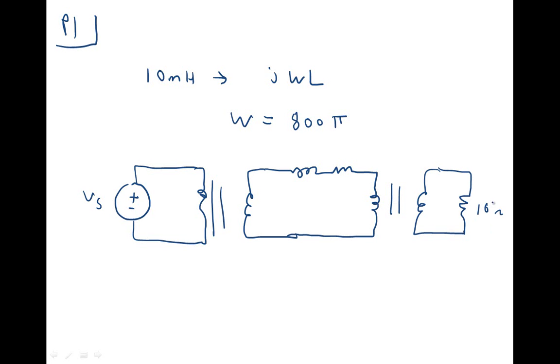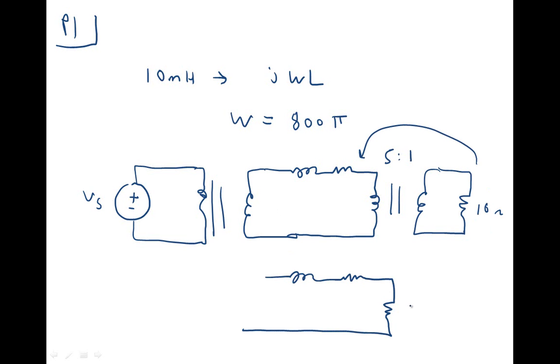You want to take this 10 ohm resistor, reflect it across here using the turns ratio, which of course is 5:1. And so that would give you, I've just drawn this portion, the inductor, the resistor, and this reflected resistor, which is going to be, in this case, N1 over N2 squared, or 25 times 10. So 250 ohms. That's what's going to reflect here.